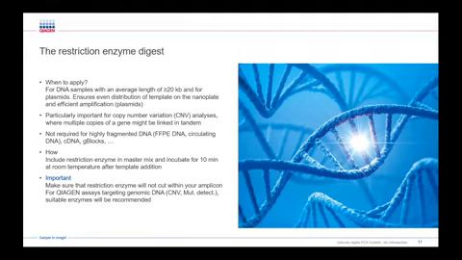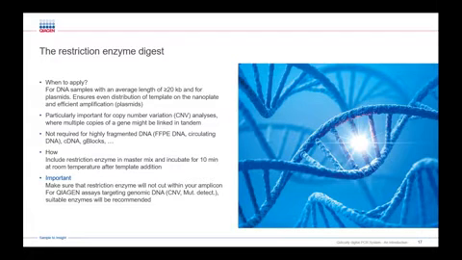With this slide, I would like to explain why the inclusion of a restriction enzyme is important when using genomic DNA as template. It should be performed whenever you are using DNA samples with an average length of more than 20 kb. Plasmids always should be linearized independent of their size.